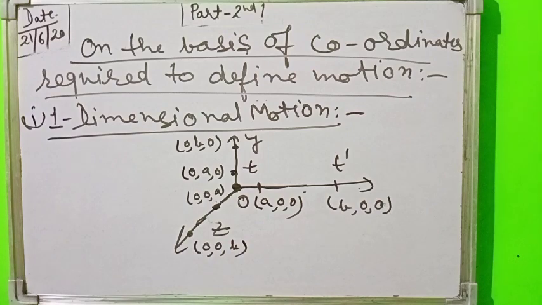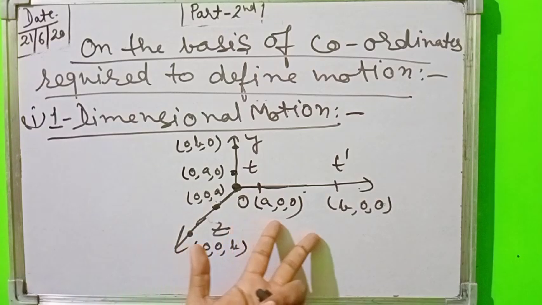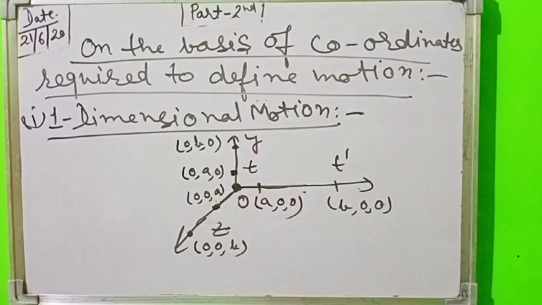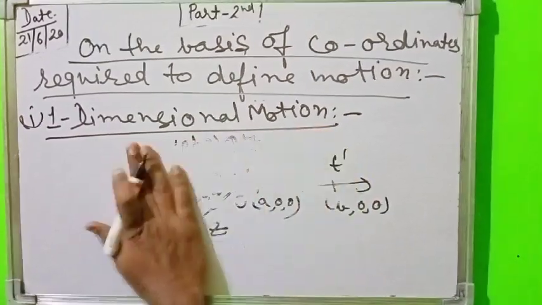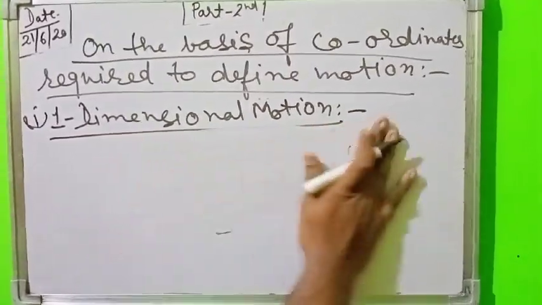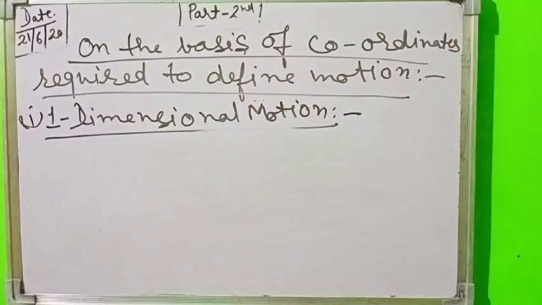If on any one of the axes the object's coordinate is changing with the passage of time, then such type of motion is called one-dimensional motion. I think all of you got it, so note it down.